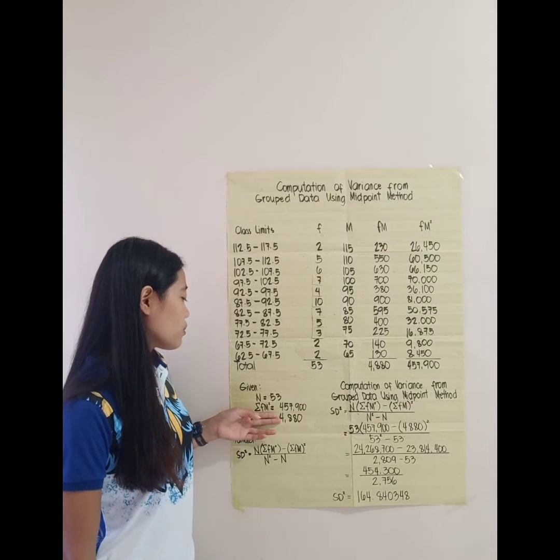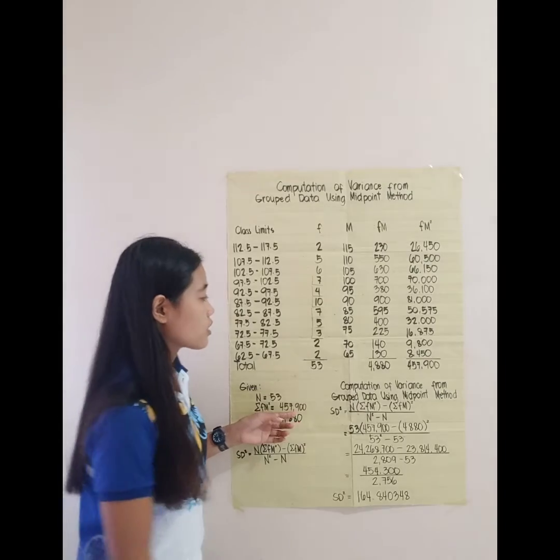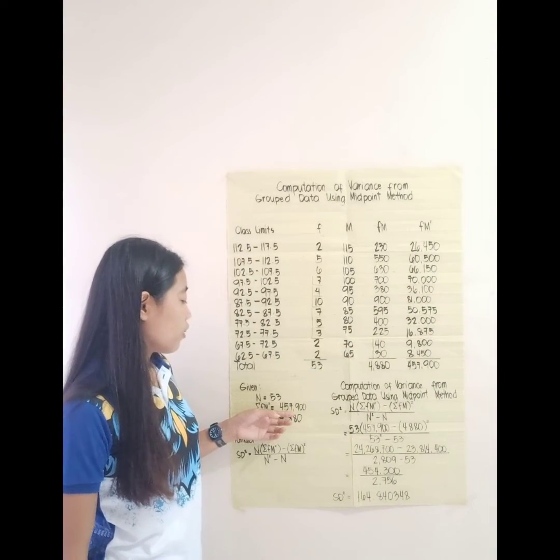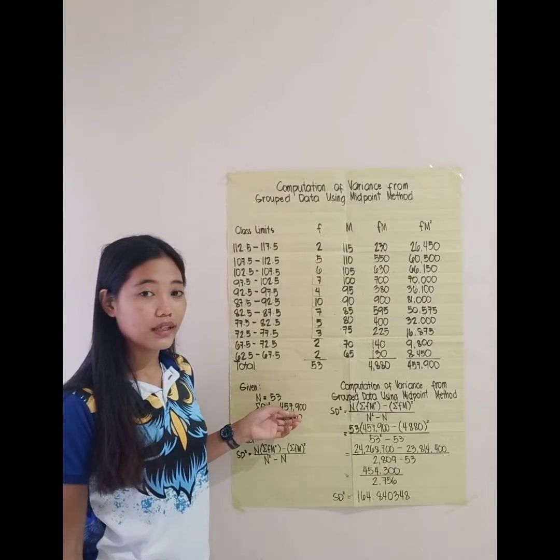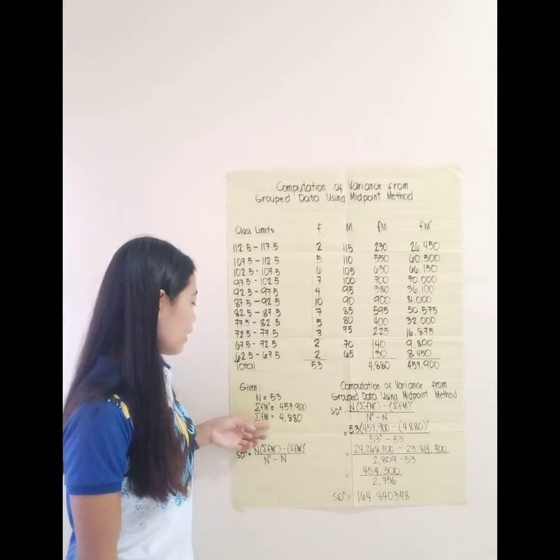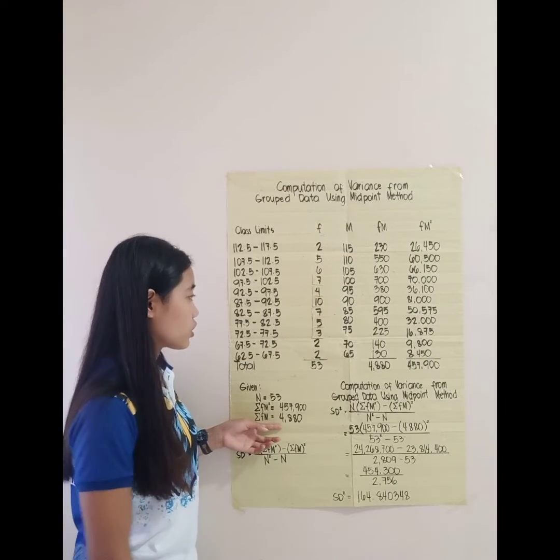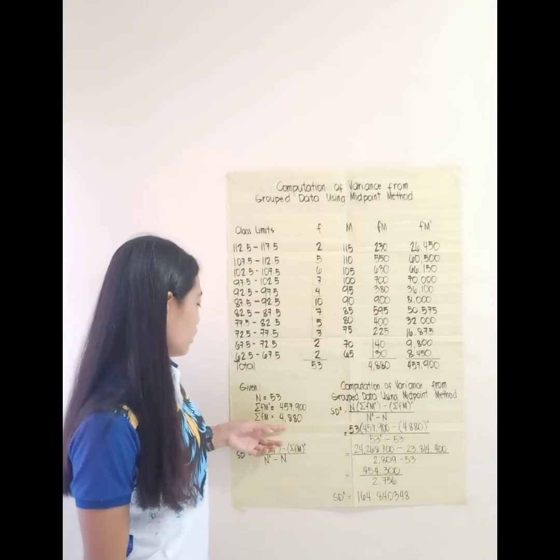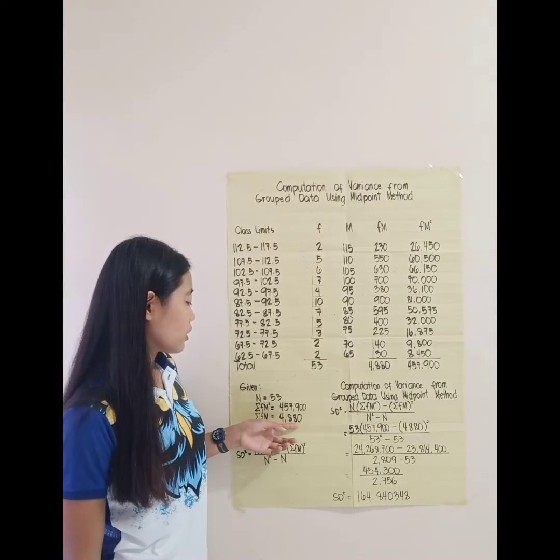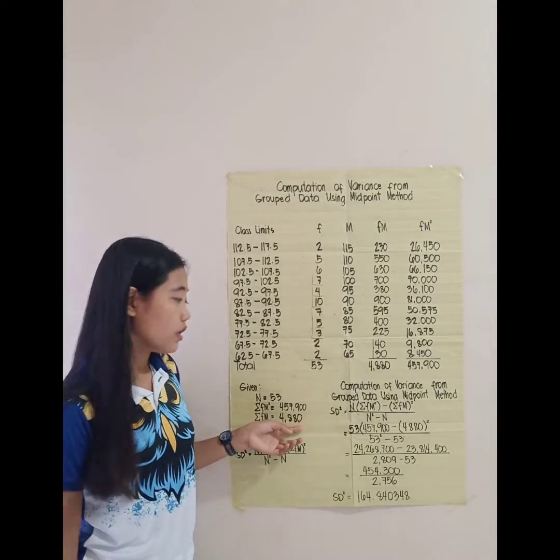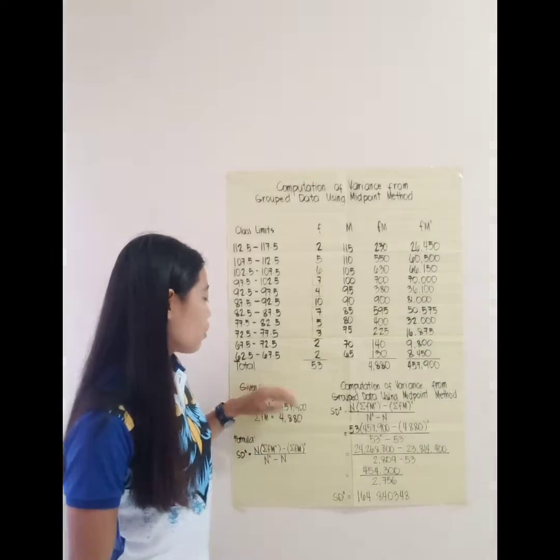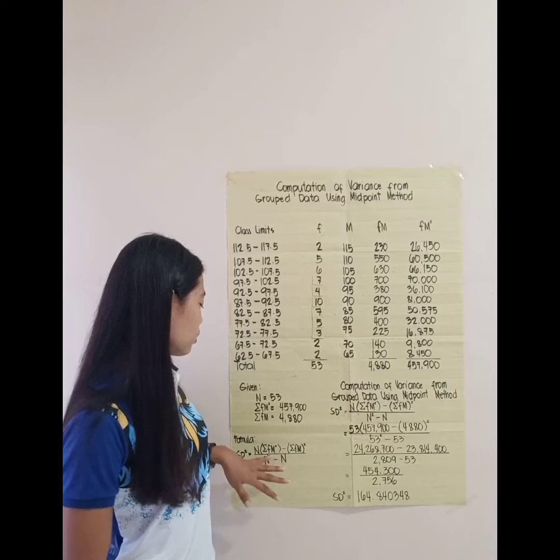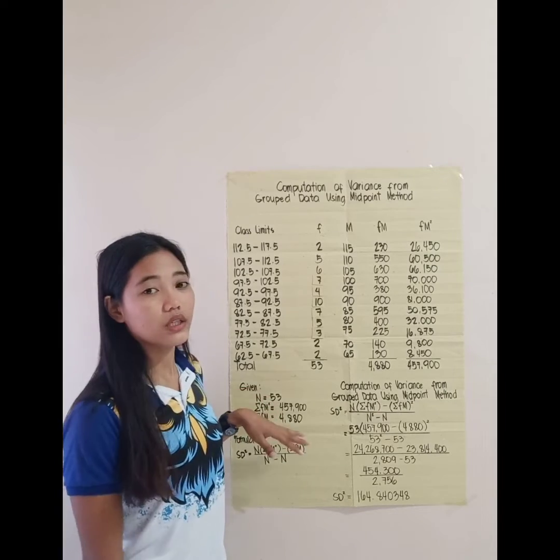The sum of FM squared is 457,900. The summation of FM is 4,880. Now let's substitute into our formula using our given.